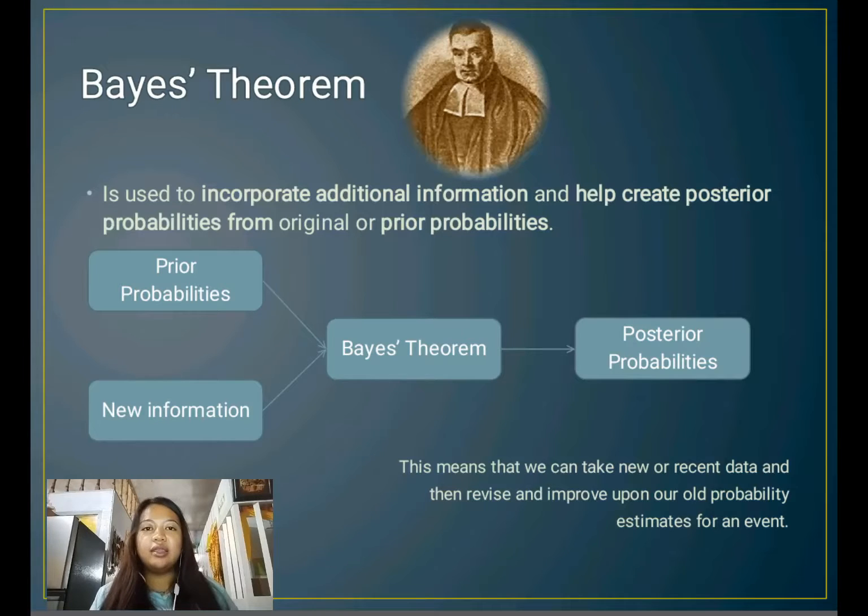So, Bayes' theorem is used to create posterior probabilities using the additional or new information and the original or prior probabilities. This means that we can take new or recent data and then revise and improve upon our old probability estimate for an event.